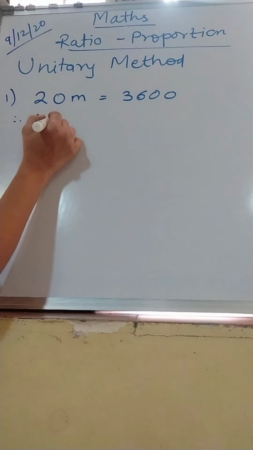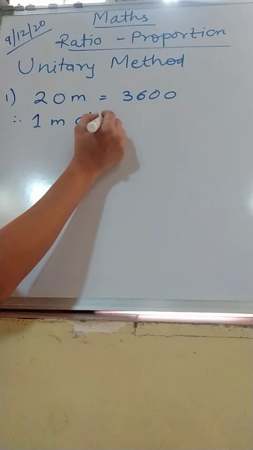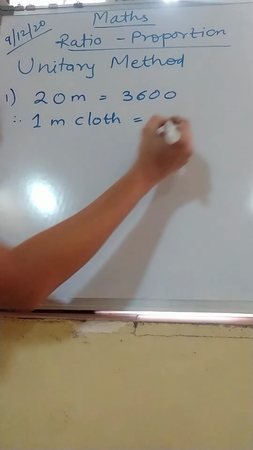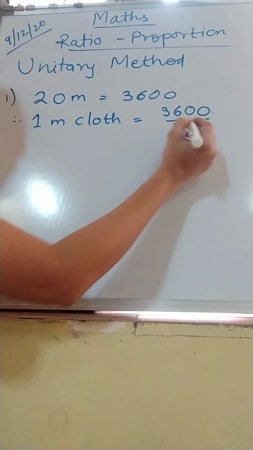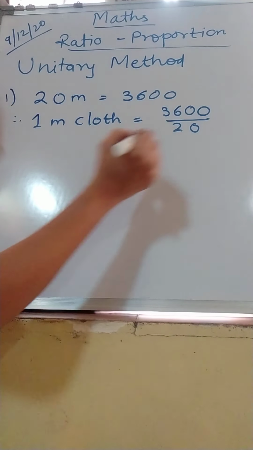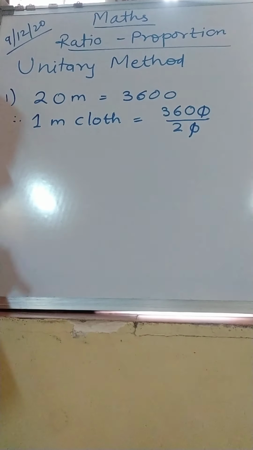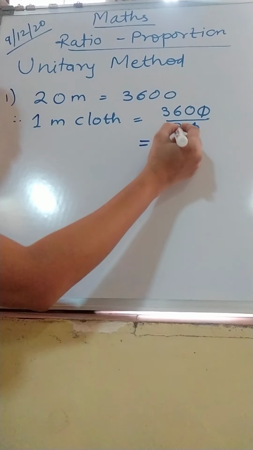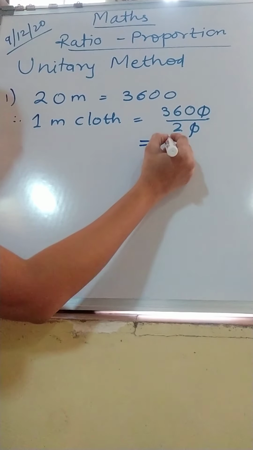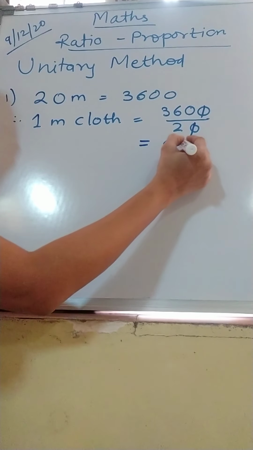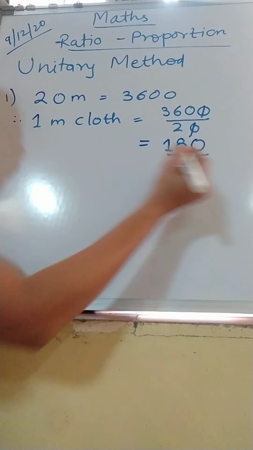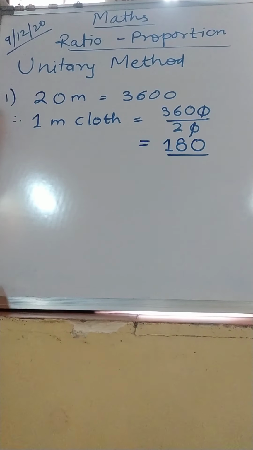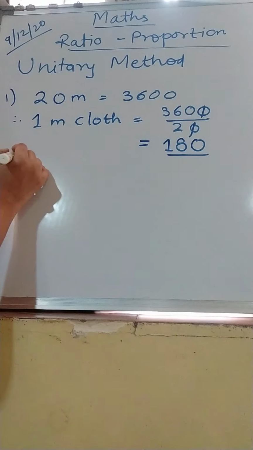Therefore 1 meter of cloth is equal to 3600 divided by 20. Understand? This 0 will get cut. 2 ones are 2, remainder 1, 2 8s are 16 and 2 zeros are 0. So the cost of 1 meter of cloth is 180 rupees.